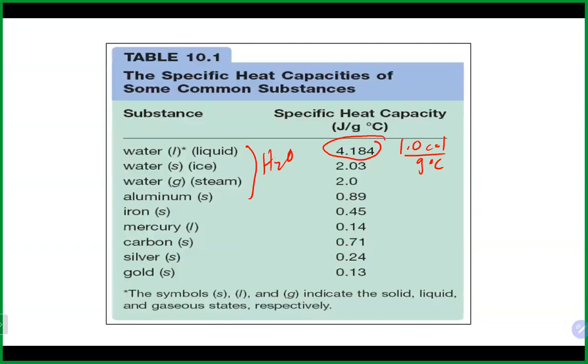But the other two are ice and steam, which is the solid and gas version of it. And you can see the specific heat capacity is actually different. It's more like 2 versus 4, as we see in liquid water. So it's really important to make sure that if you were doing some type of problem where you're dealing with ice changing temperature, you would want to use a specific heat capacity for ice, which is 2 versus the 4.184, which is for liquid water.